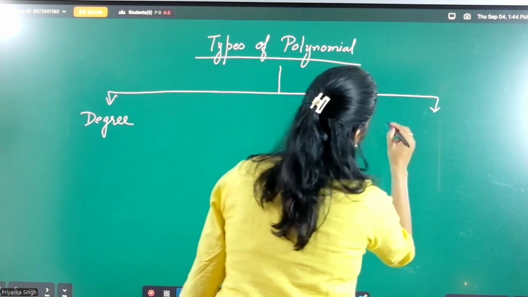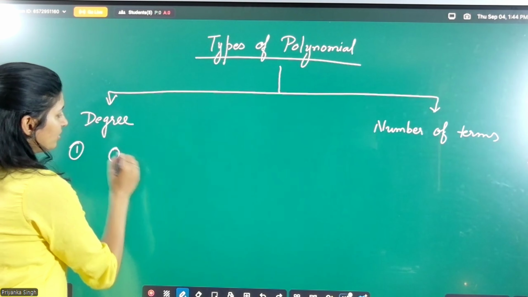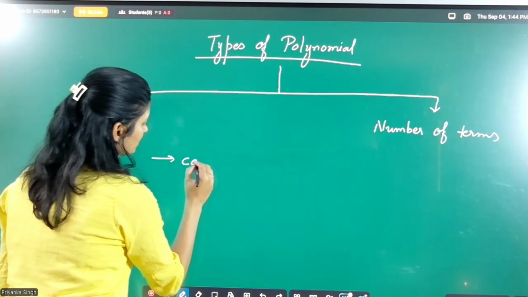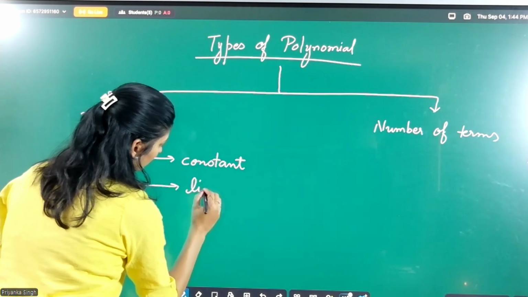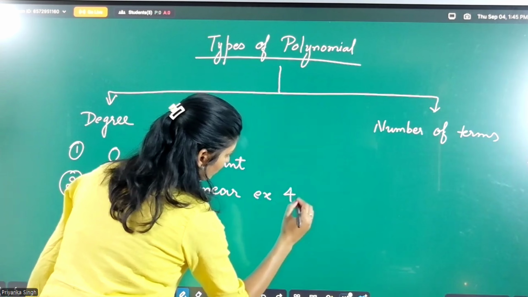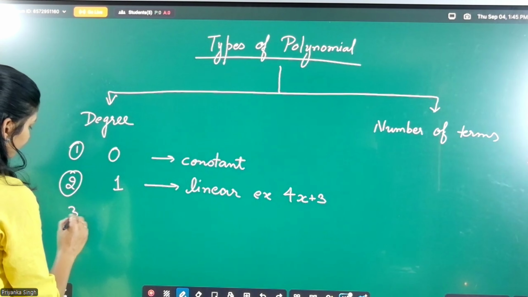So based on the degree of the polynomial, if the degree is 0, then we call it a constant polynomial. If the degree is 1, we call it a linear polynomial. Example, 4x plus 3 is a linear polynomial.